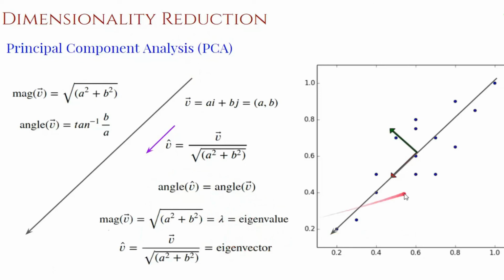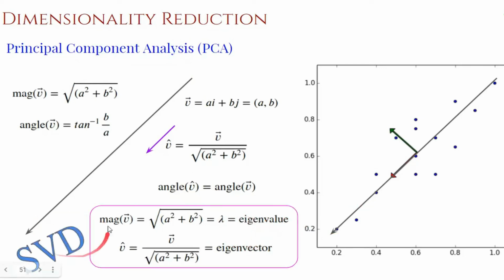Given two-dimensional data or 10-dimensional data, the question is, how do we find the eigenvalues and eigenvectors? We won't get into the mathematical derivations due to time limitations, but let me tell you the intuition: these eigenvalues and eigenvectors are estimated using a technique called singular value decomposition.